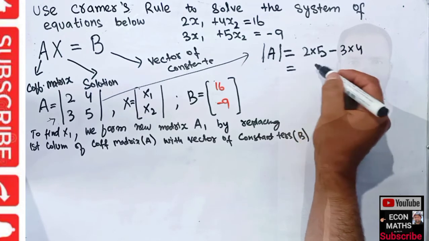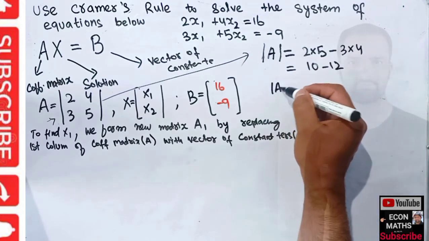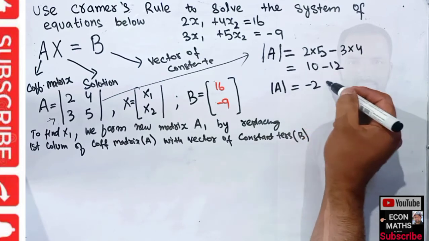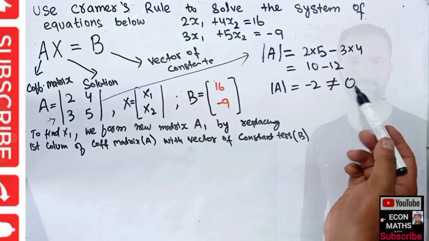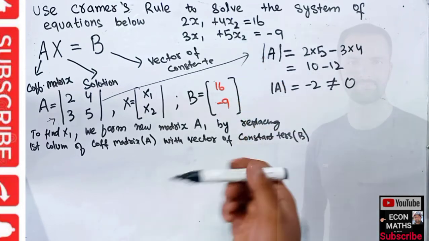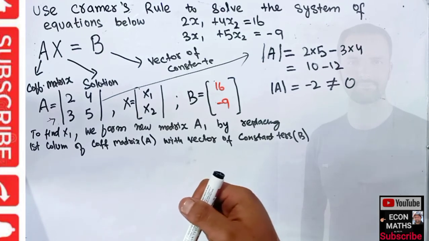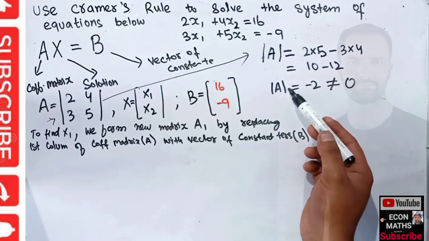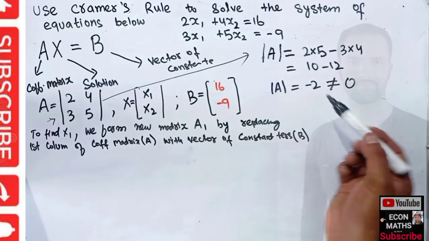So 2 fives are 10, 3 fours are 12, and the determinant of A is equal to minus 2, which is not equal to 0. If the determinant was equal to 0, then the system of equations was not feasible. We would not have been able to solve the given system of equations. Since the determinant is not equal to 0, we can say that the solution exists.